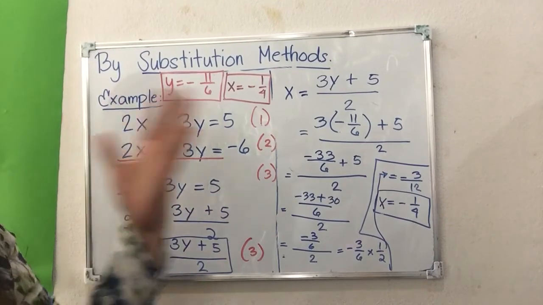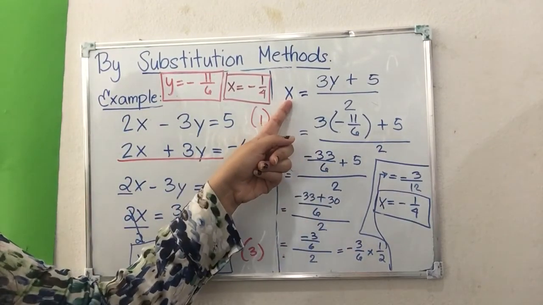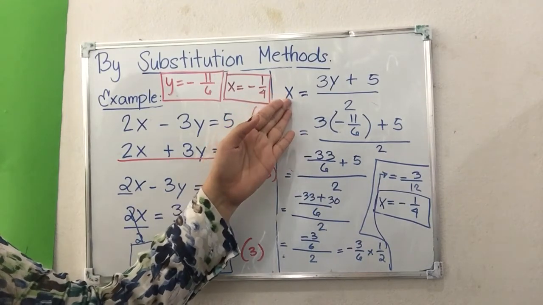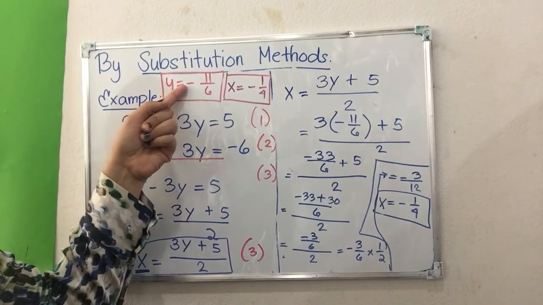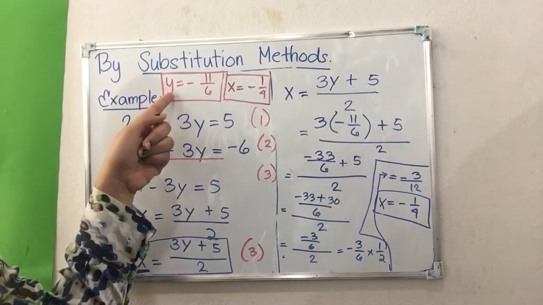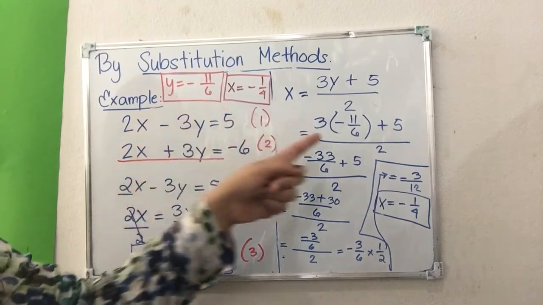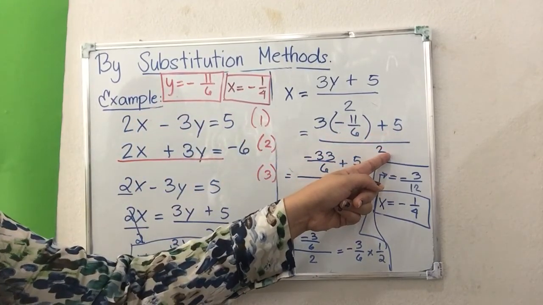Again, we are going to solve the value of x by substituting the value of our y. So we have 3y, change the value of y, that is negative 11 over 6, plus 5 over 2.